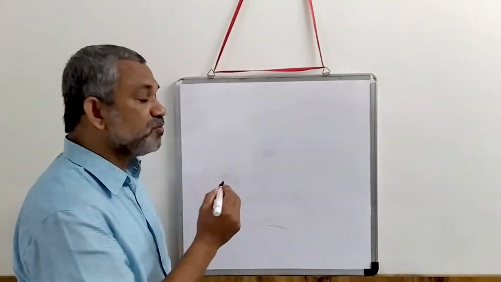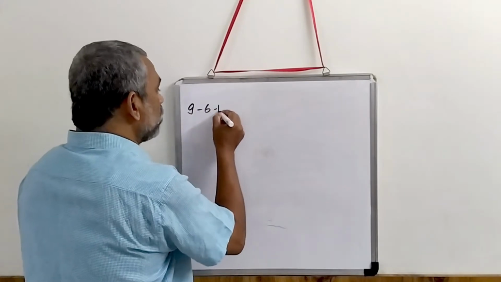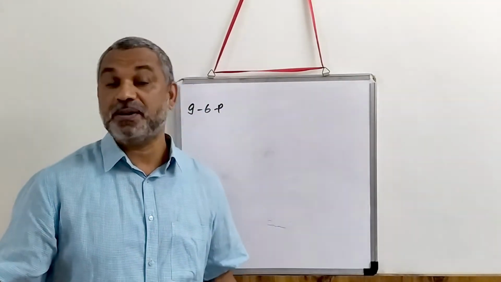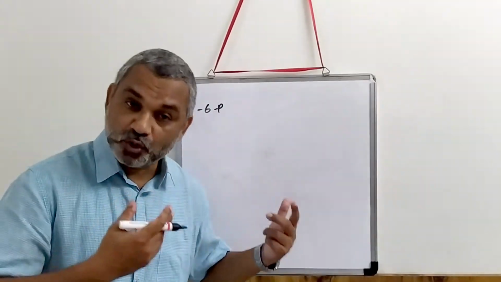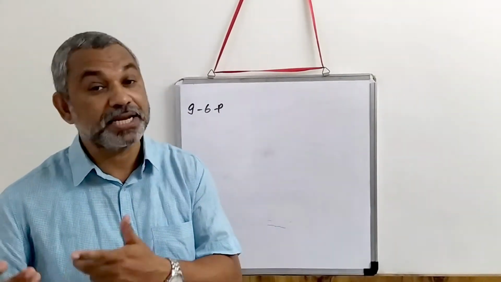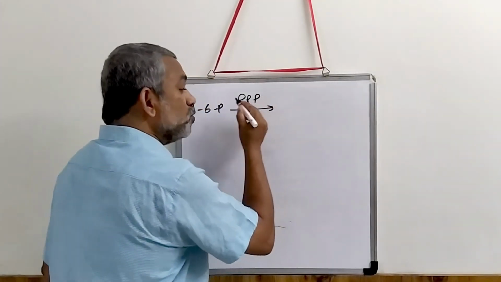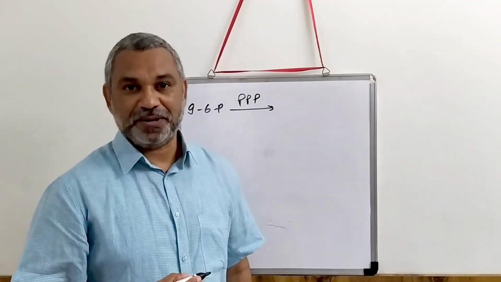So if you start with glucose 6-phosphate, you know that glucose 6-phosphate has got multiple fates. It can become glucose, it can enter into glycolytic pathway, and it can also enter into pentose phosphate pathway.